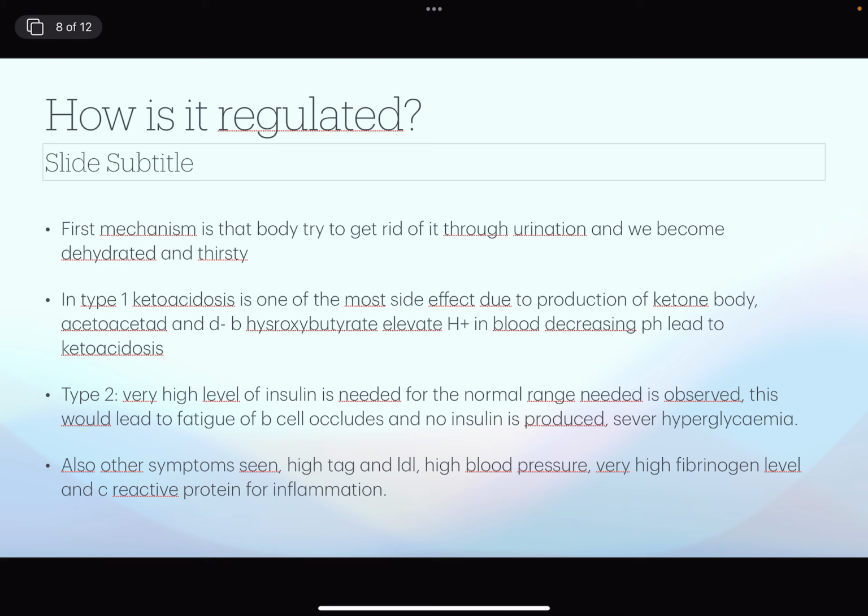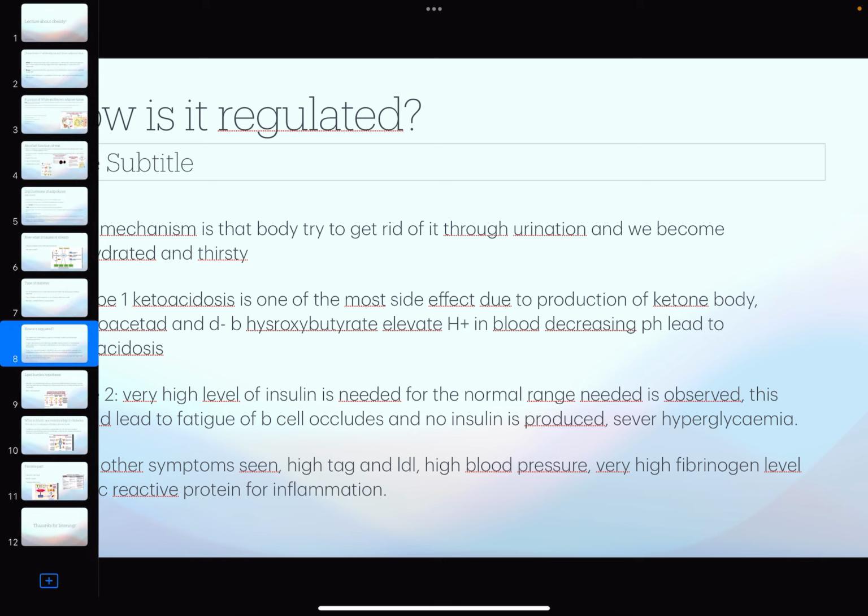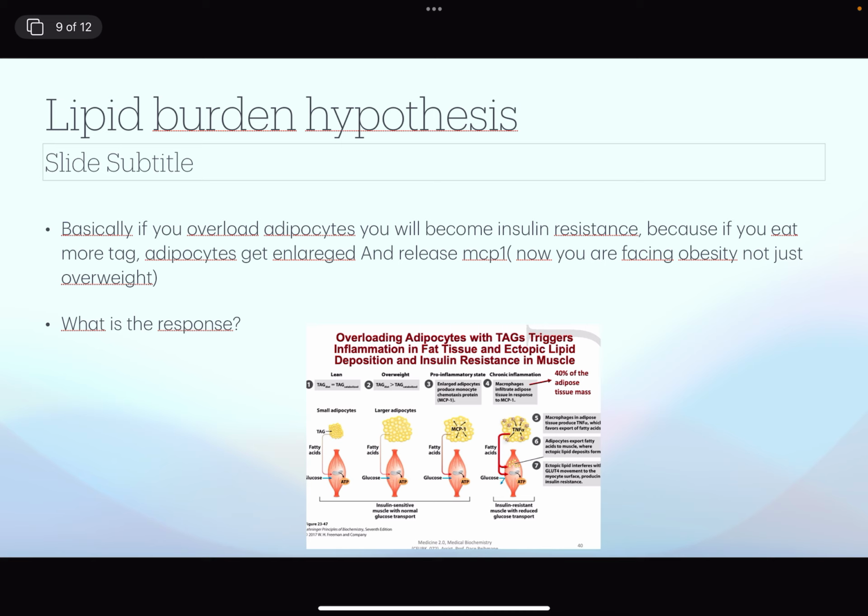And this is how you would say that this is a type 2 diabetes patient, by understanding these symptoms. So the lipid burden hypothesis will explain the overall picture for insulin resistant people, type 2 diabetics. Basically, if you overload the adipocyte, you will become insulin resistant.